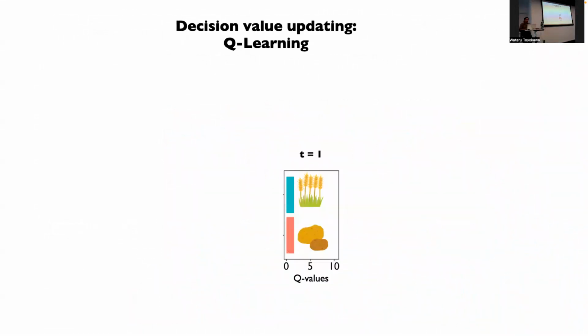Okay, let me briefly walk through one of the most commonly used and simplest versions of reinforcement learning models. For belief updating, this is called Q-learning, or a Rescorla-Wagner type of model. Let's say this is the belief about the Q values, the behavioral value of each option, which at time one are equal.